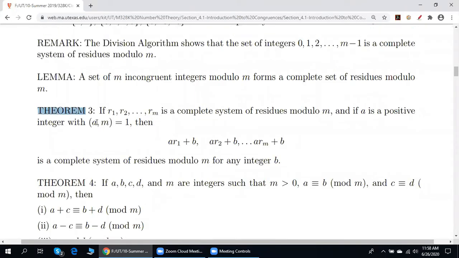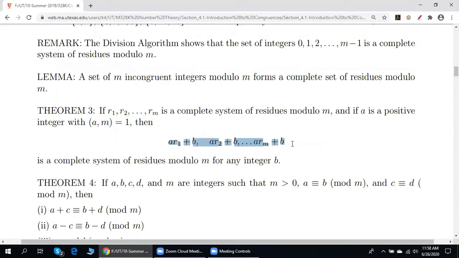Theorem 3. Suppose R1 and so on Rm is a complete system of residues modulo m. And suppose A is a positive integer that is relatively prime with m.